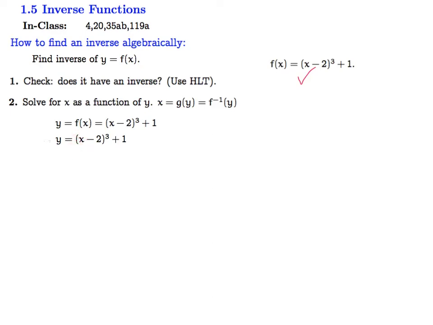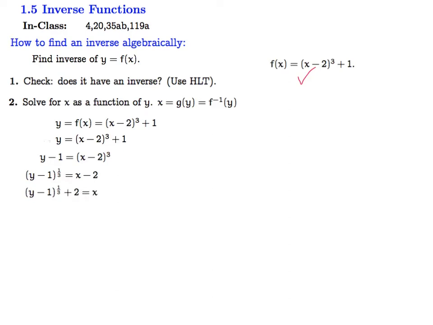We want to get x by itself, so we just have to undo everything around it. So we start by subtracting the 1 from both sides. Next we'll take the cube root of both sides. Taking the cube root removes the cube from the one side and makes a cube root of the other side. And only one step left, we just have to add 2 to both sides, and we've got x by itself.